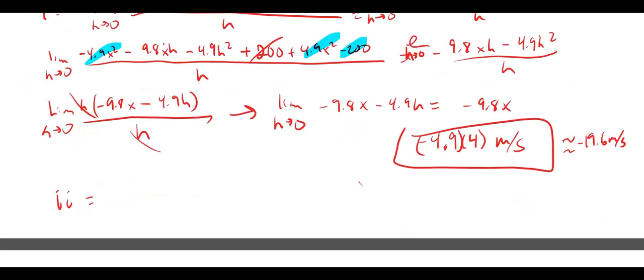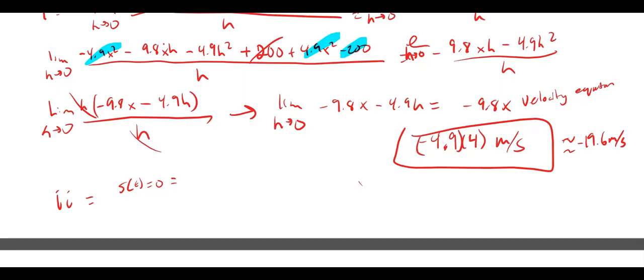For part two, what's the velocity when the object hits the ground? By the way, this is our velocity equation. So we need to first figure out when it hits the ground. I'm going to go back to the position function, which is s of t. I want to know when it equals zero, when the height is zero. That's the position, the height.